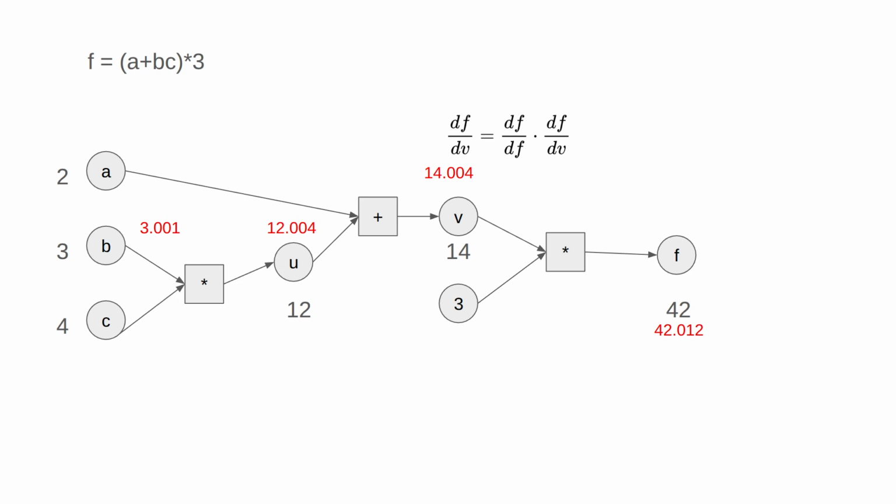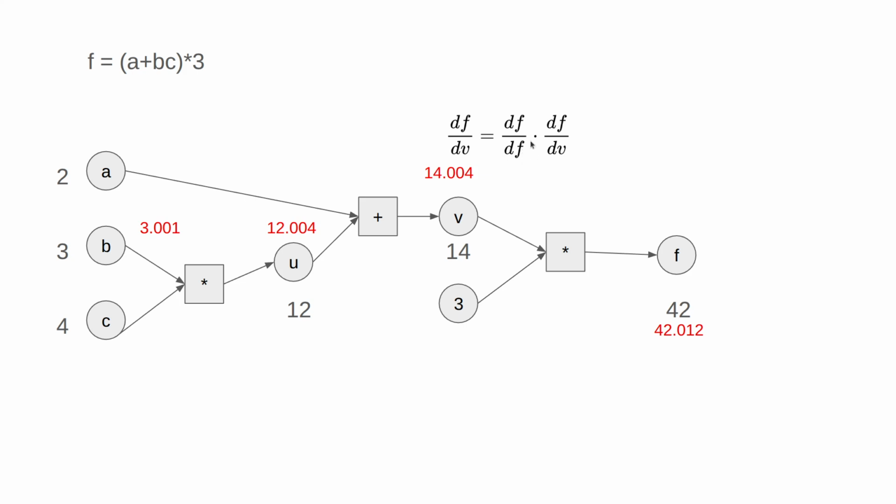But there's another way to get the gradient of every variable. For example, if we want to evaluate df over dv, we know that v is the input of the multiply function here, and f is the output of the function, so we can use the chain rule to convert df over dv into df over df multiplied by df over dv.